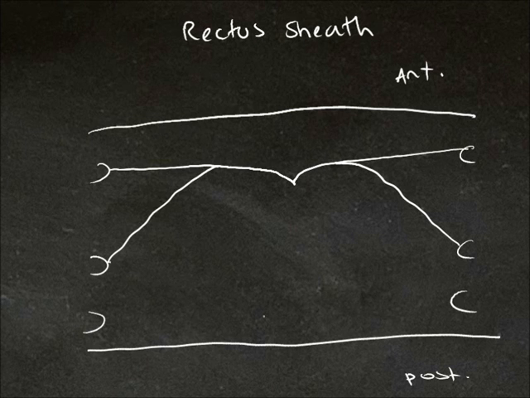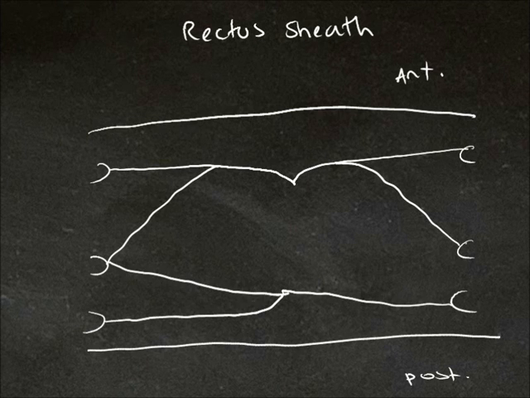Posteriorly, we have the aponeurosis of the internal oblique again, and the aponeurosis of transversus abdominis. So here's the aponeurosis of transverse abdominis, and here's the aponeurosis of internal oblique.